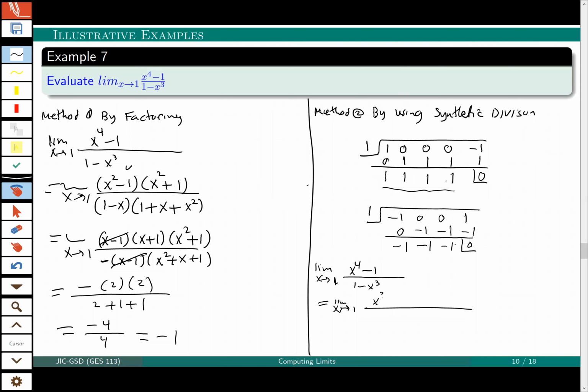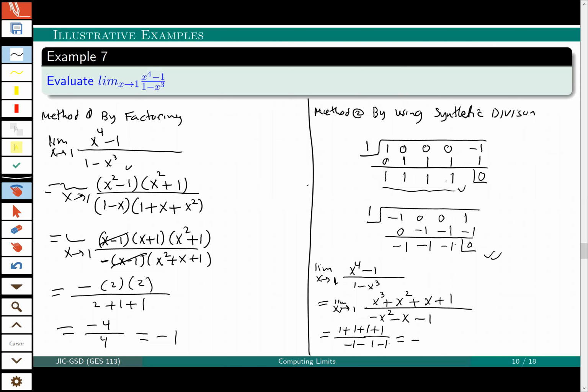So 1 times x cubed plus 1 times x squared plus 1 times x plus 1. That's the result of that one. The result of the second one, when I divide, it was degree 3, so it will be degree 2. So it will be minus x squared minus x minus 1. When you substitute now, you will get 1 plus 1 plus 1 plus 1. Here you will have minus 1 minus 1 minus 1.